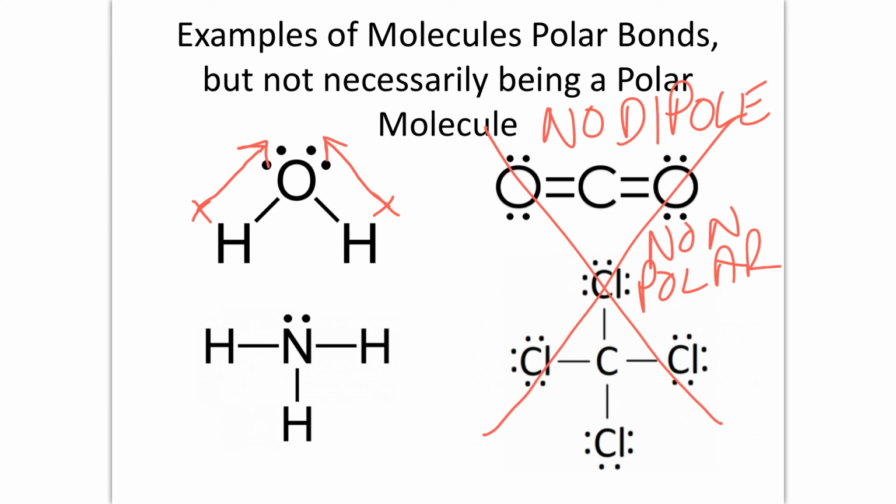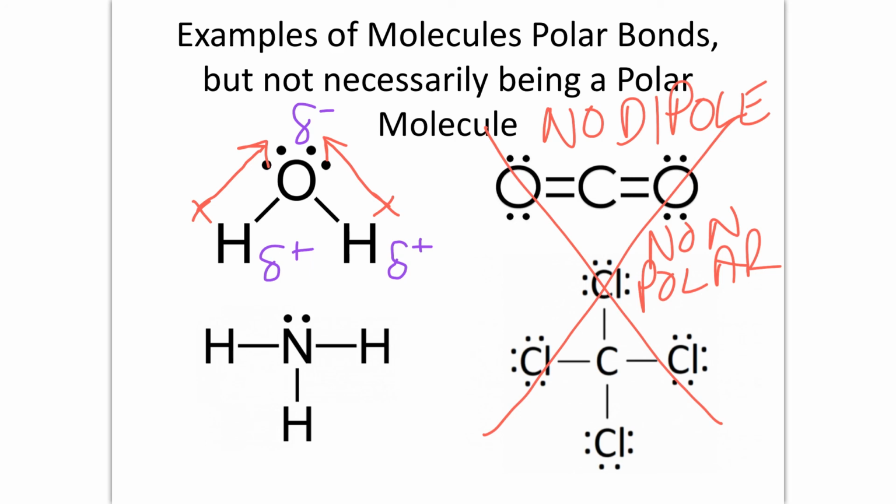Now, if you were to use the delta things, you would write it like this. This would be more positive, same with here, and then this would be negative. Okay? And you don't need to use both. You can either use the arrow or the small deltas. But I like the arrow because it's more visual for me.